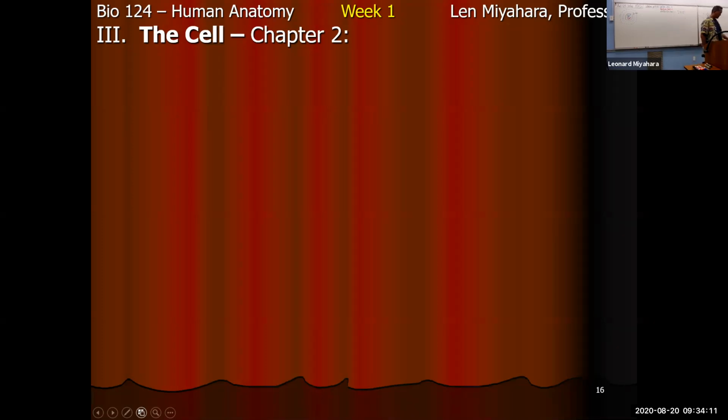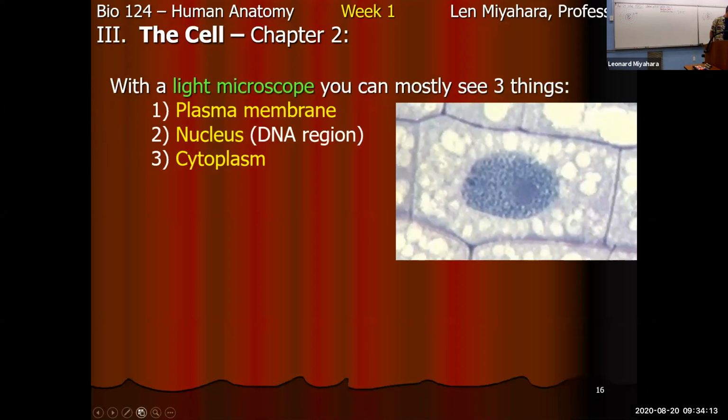All right, let's continue on talking about biology. And we have to talk about the cell. Now, in this week's lab, we're looking at pictures of cells and tissues. It is a lot better when you actually are able to play with a microscope and physically, realistically, authentically look at cells in a light microscope. Now you're just looking at pictures, but when we look at cells, we can see the outer border, which is the plasma membrane.